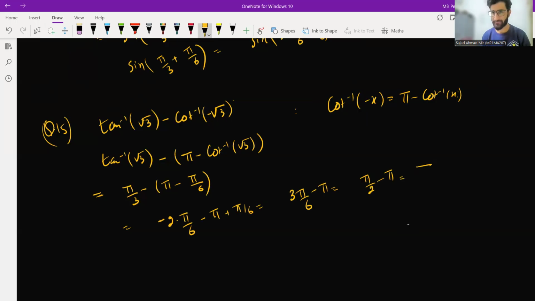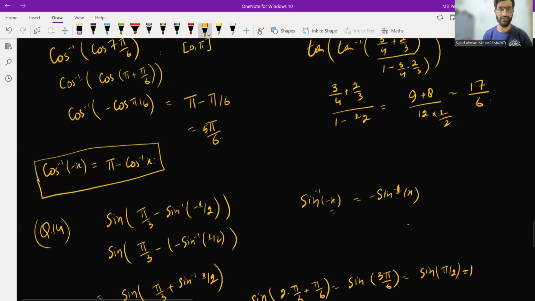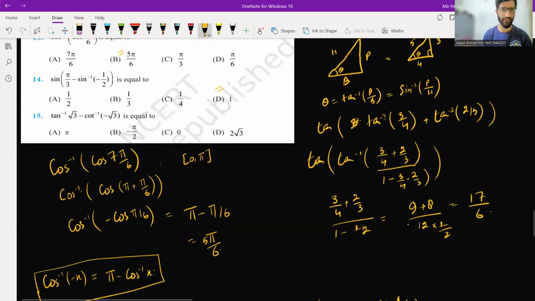So we get the answer minus pi by 2. I hope it's clear how we solve these questions. All we need to know is some trigonometric identities, then it gets easier.